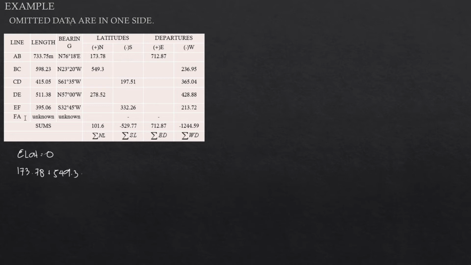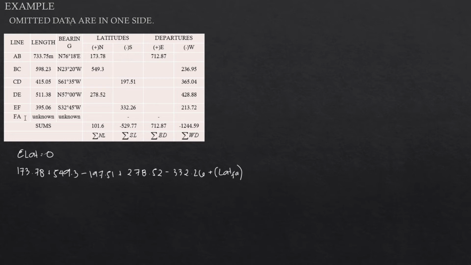Latitude ng CD is negative kasi nasa south, so minus 197.51 plus latitude ng DE, 278.52 minus 332.26 yung latitude ng EF, negative kasi nasa south, plus yung latitude ng FA.